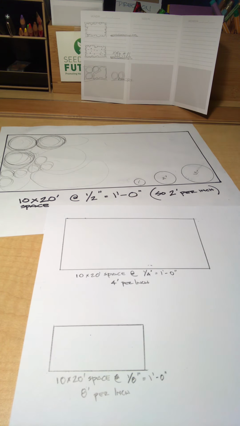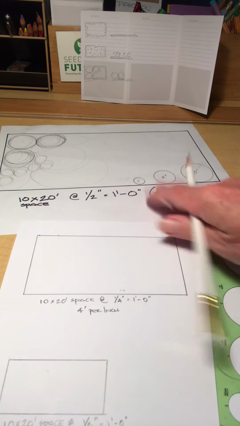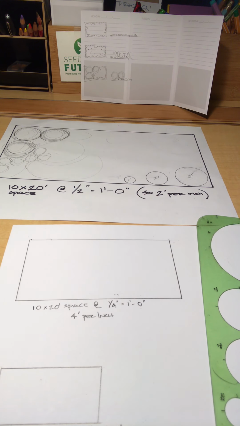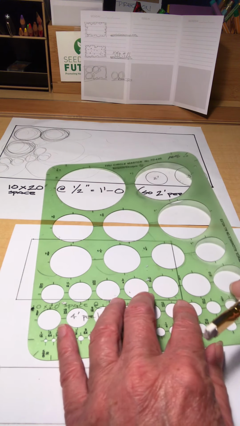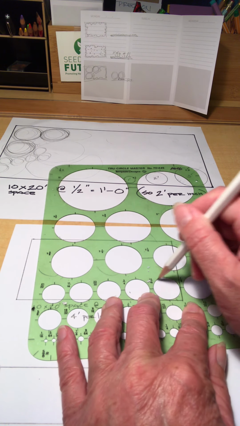So you can see if we did the same plants that we did at the 1/2 inch scale, let's go up to the 1/4 scale. We're going to find our 3 foot plant. That would be here. So here's our 3 foot plant.